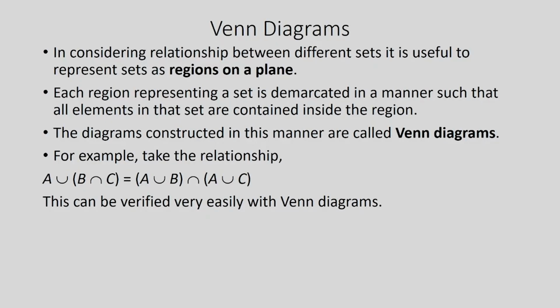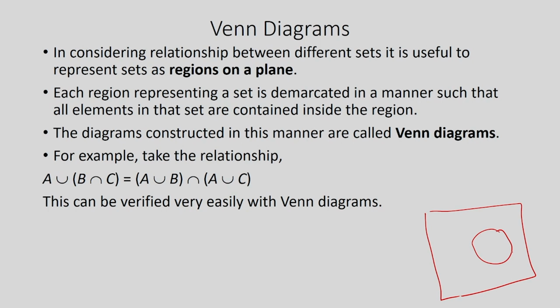In considering relationship between different sets, it is useful to represent sets as regions on a plane. So, suppose this is the plane that I am talking about, right. This is itself a plane, two-dimensional plane. So, some regions could be thought of as those consisting of those elements which belong to a set.